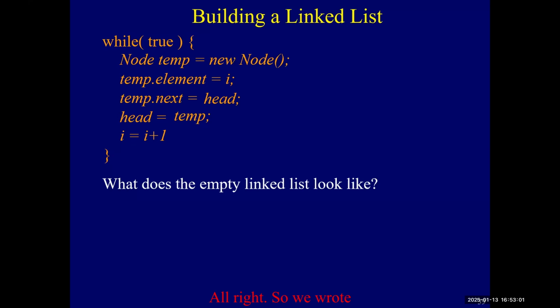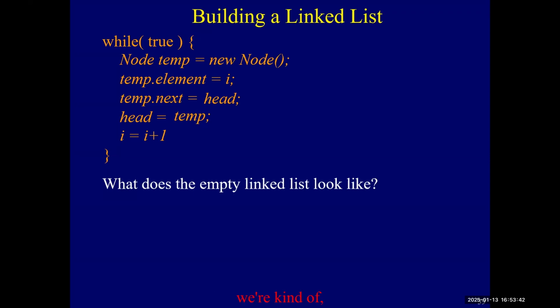All right, so we wrote the code for when we already had a node, right? And then we have to write the code to put that first node in, right? And we haven't done that yet. And so one thing that's good to do, whenever you have a loop, is to have a loop invariant, which says what it looks like at the top of the loop, and then what it looks like when you come around has to be the same sort of thing.